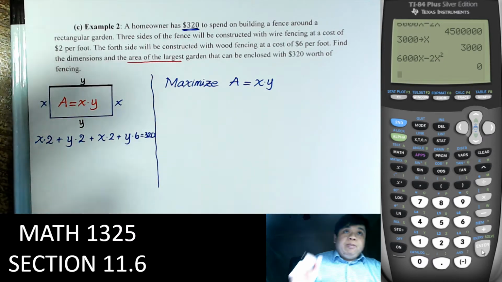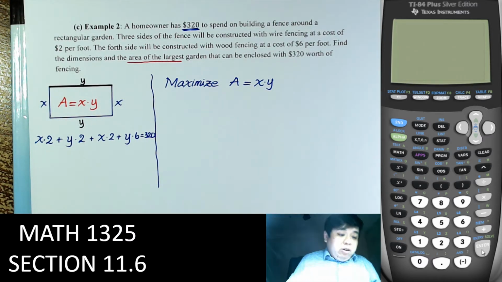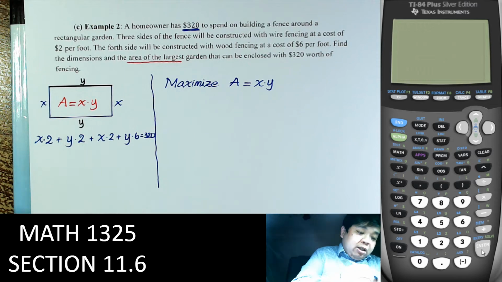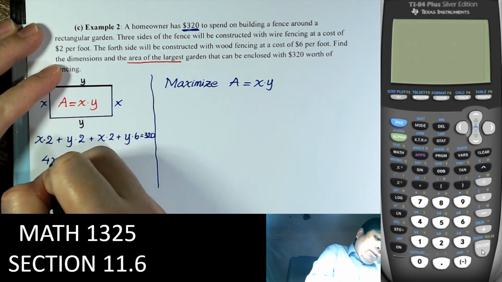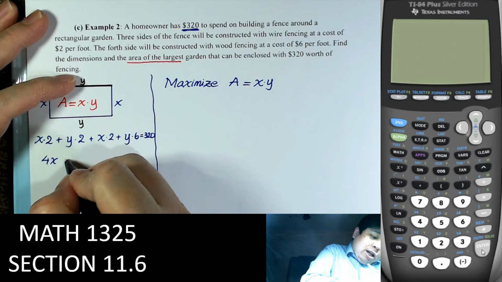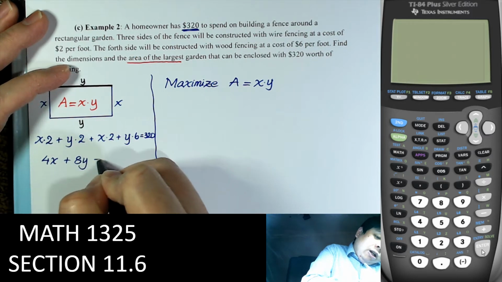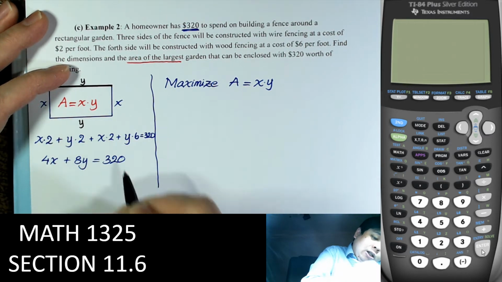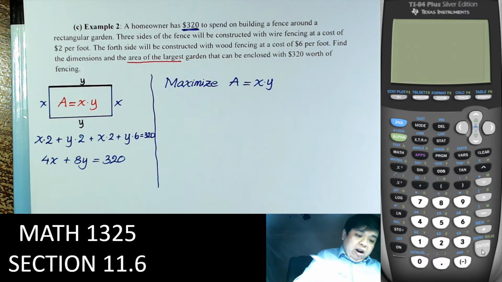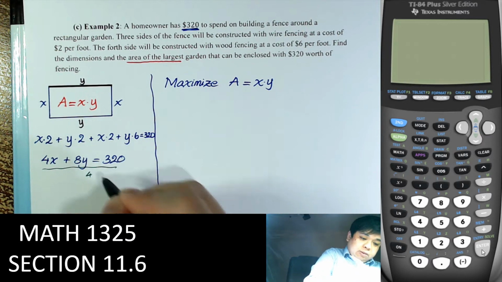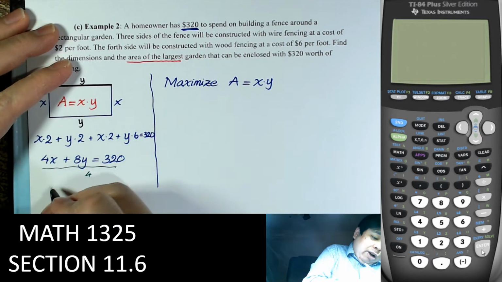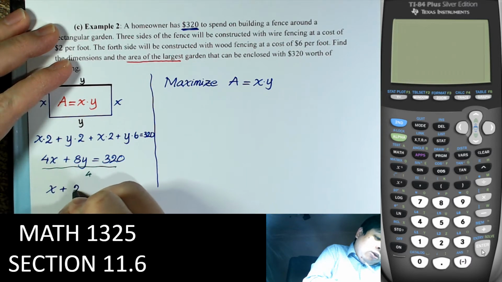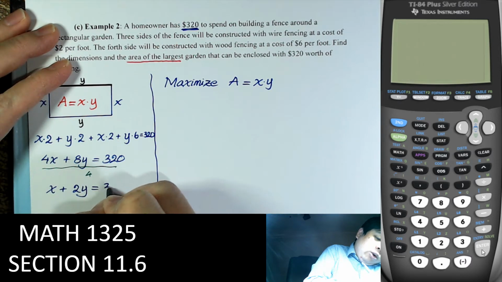We use all of it, right? To simplify, we have 4x plus 8y equal to 320. Why don't we divide everything by 4? We have x plus 2y equal to 80.